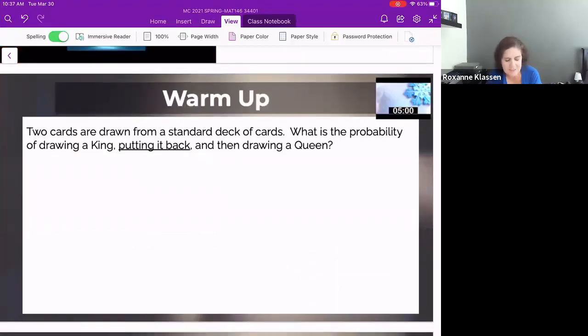2 cards are drawn from a standard deck of cards. What's the probability of drawing a king, putting it back, then drawing a queen? Compute that and get it ready in the chat, but don't hit enter until I say. Again, you can give me a fraction, decimal, or a percent.